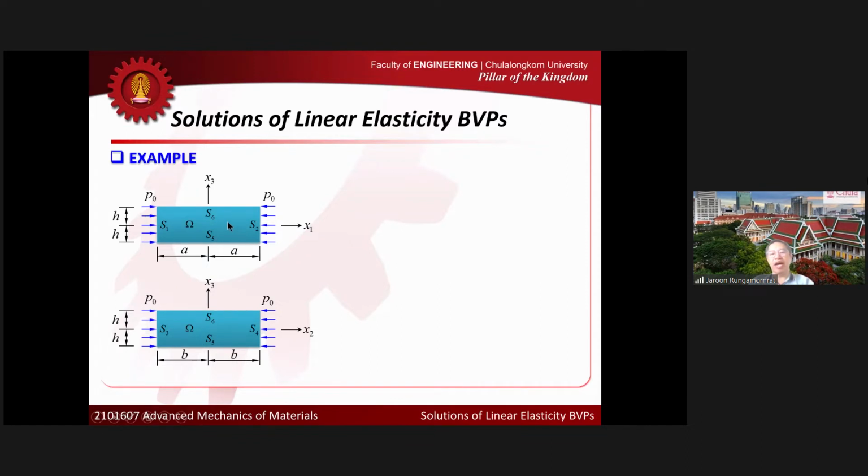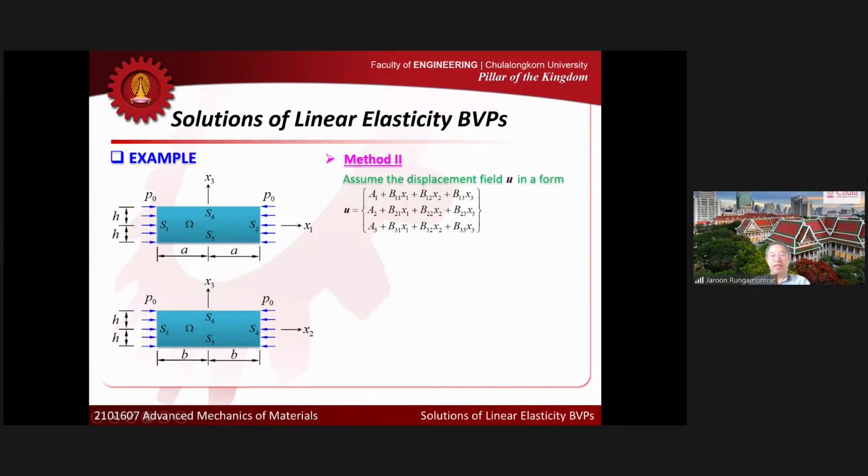If the strain is constant, because strain can be obtained by the derivative of the displacement, or you can think that the displacement can be obtained by the integration of the strain, then the displacement should be linear, right? So now I can think about guessing the solution for this problem. By guessing, I can guess the displacement field in a linear form.